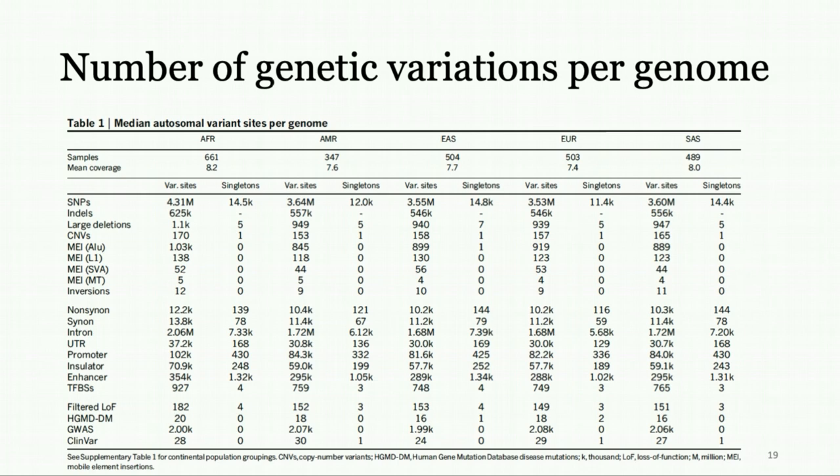The number is slightly different across different human populations, but overall for SNPs, in Africans it's about 4.3 million. In South Asians it's about 3.6 million. The scale is about 3.5 to 5 million single-nucleotide variants we can find in a new genome.